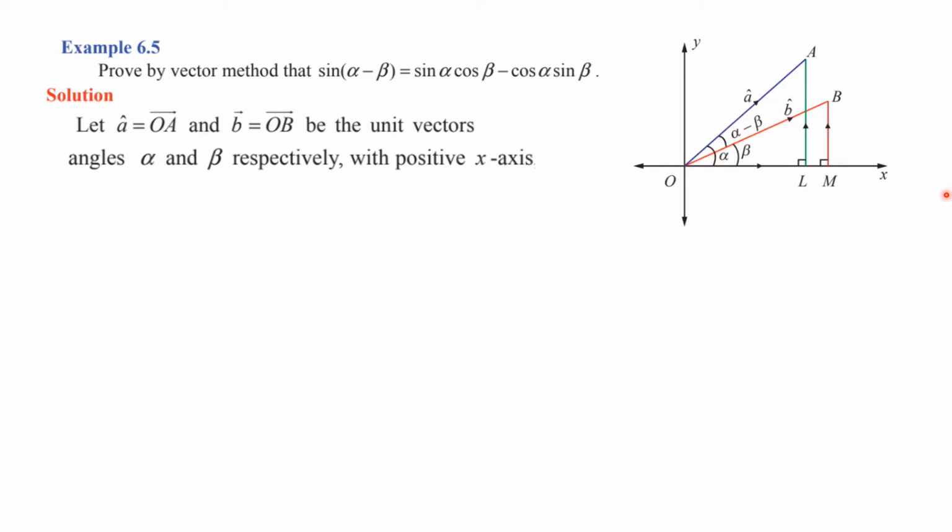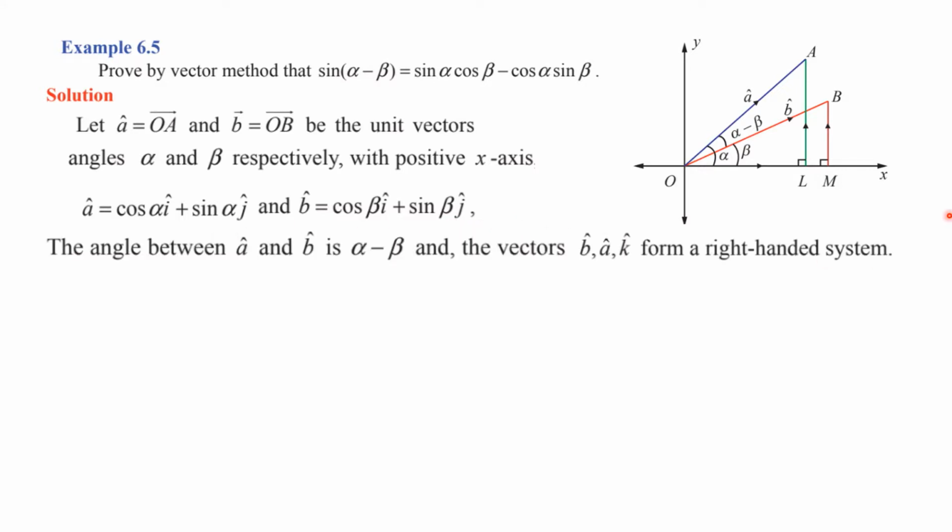Okay. Next, we have seen in example 6.3 that A cap is equal to cos alpha i cap plus sine alpha j cap, and B cap is equal to cos beta i cap plus sine beta j cap. So let's just retain this information. And now the angle between A cap and B cap is alpha minus beta, and we're going to define a new vector k cap.